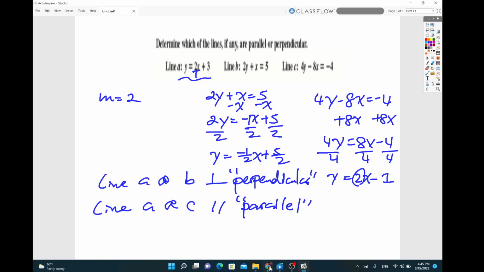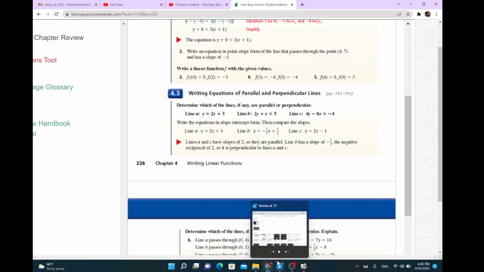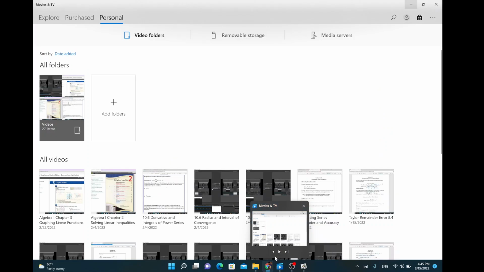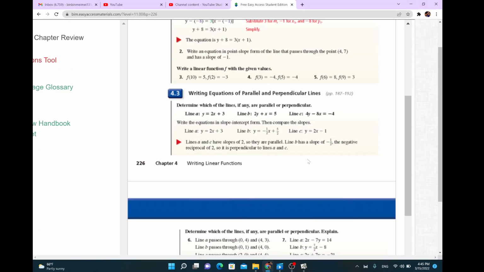Okay, so now let's see what else we have. Going back to the template. For the other one, write an equation in slope intercept form, then compare the slopes.